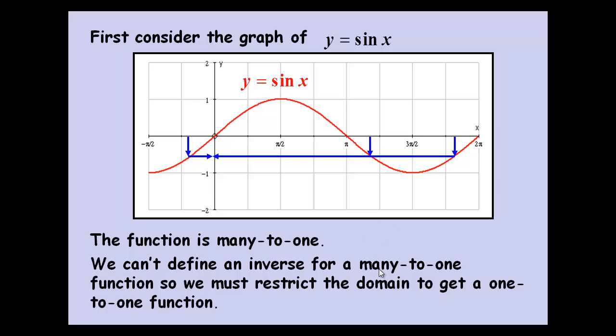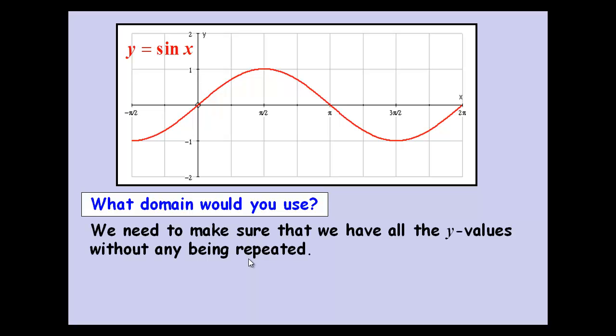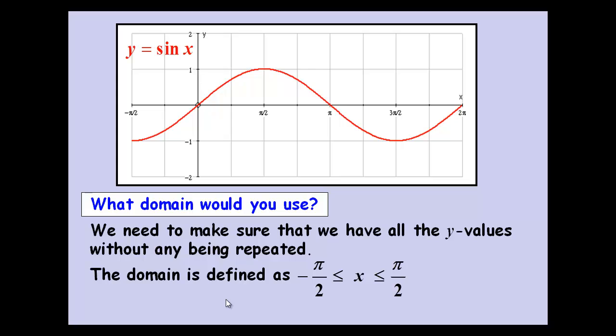So in order to take an inverse of the sine graph, we will have to restrict the domain. What domain could we use? Ideally, we want every y value with no repetition. So all the y values without being repeated.